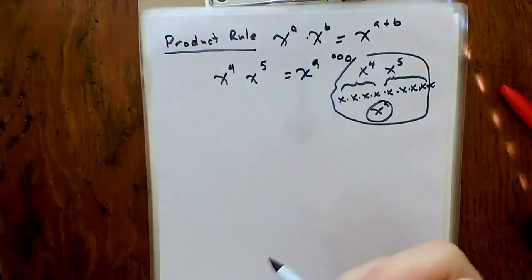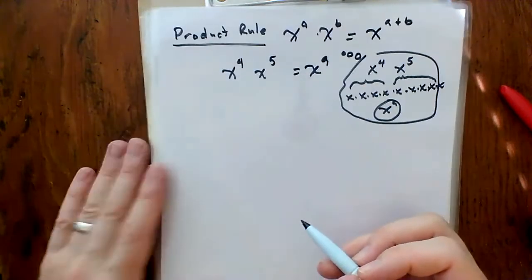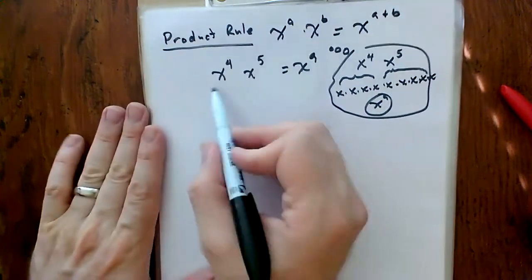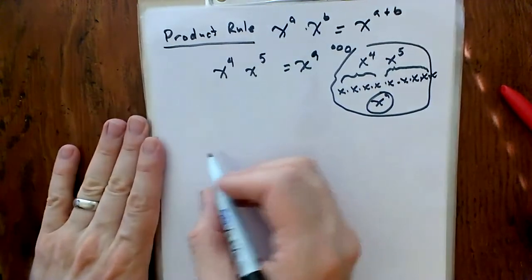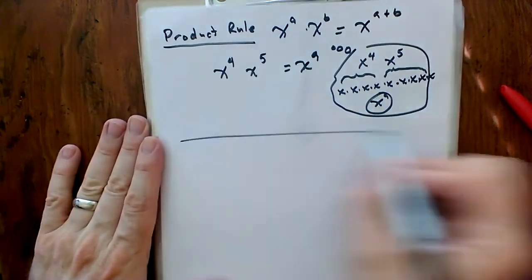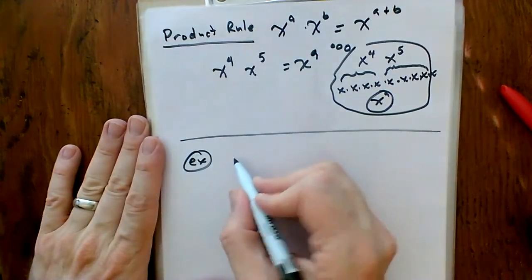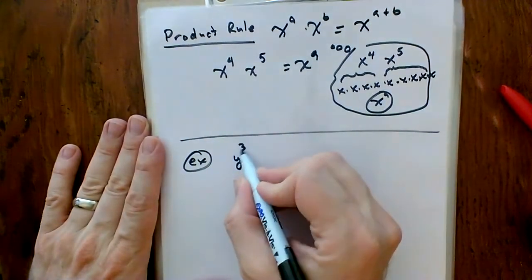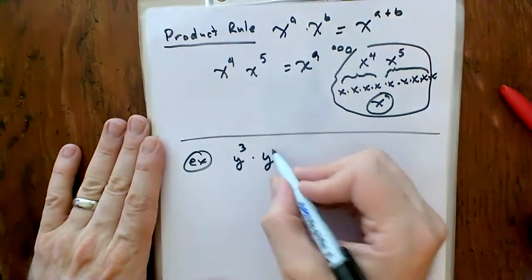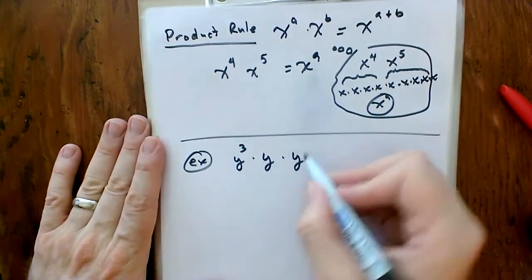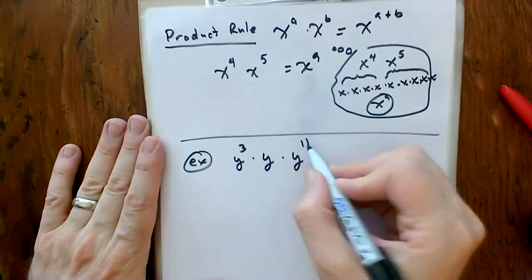And when we're doing these, it's useful to say, well, this is just with two things, but I can do this with multiple terms. I can do lots of examples with these. Let's say we've got y to the third times y times y to the 11th.